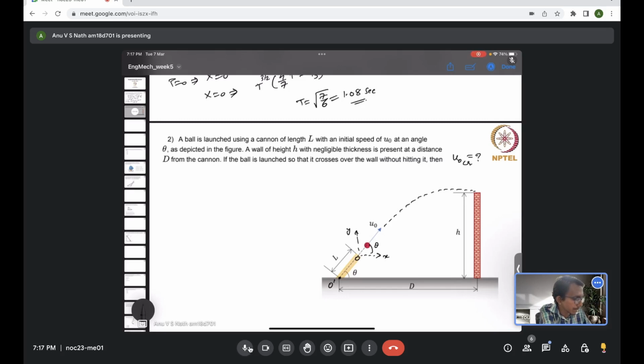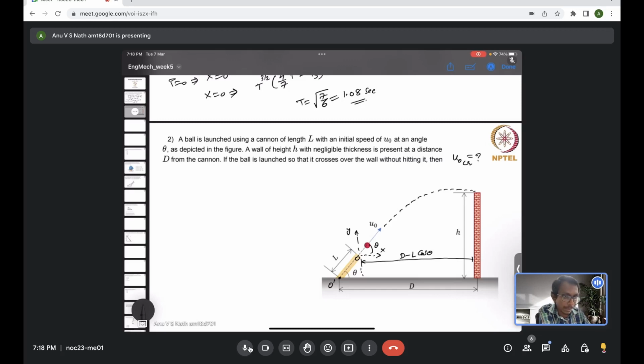So in that situation, the horizontal distance the projectile traveled, if you measure, is not exactly d, rather it's d minus the length projected in the horizontal direction. So this length is d minus L cos theta.